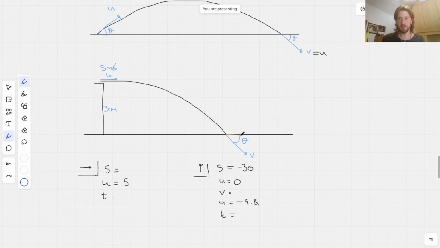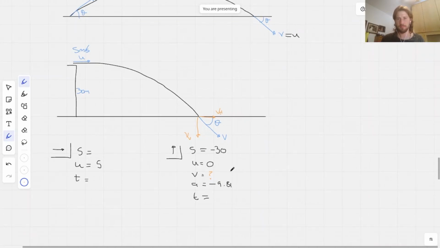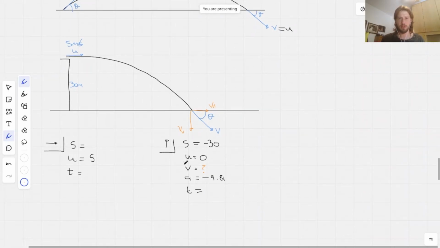So if we can find this horizontal final velocity, and we can find this vertical final velocity, well, then we'll be able to turn it back into a speed and angle. So this is the one that we want to find. And I'll talk about the horizontal in a minute. So looking at this is the one we want to find.